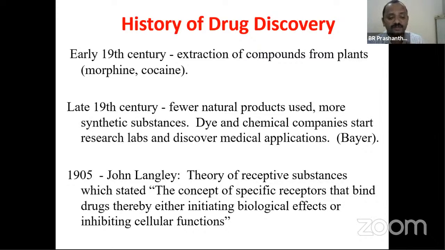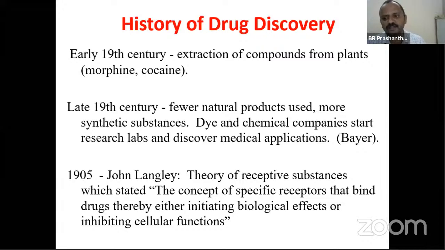That concept became very clear at the beginning of the 20th century. Thereby drugs initiate biological effects or inhibit cellular functions. This is all attributed to the drugs which bind to the receptors.